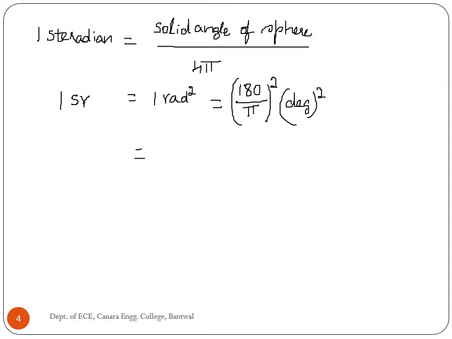So therefore 1 steradian is equal to 1 radian square, which is equal to 3282.8064 square degrees.